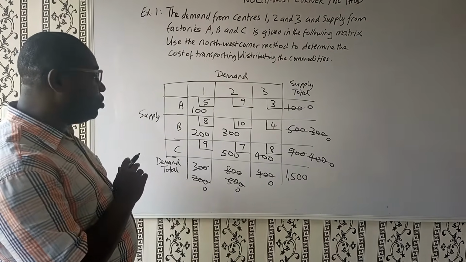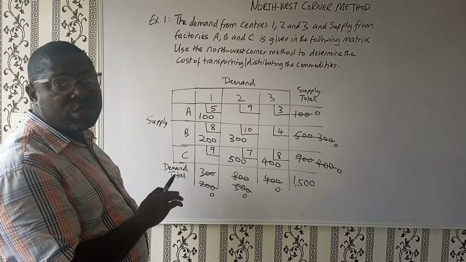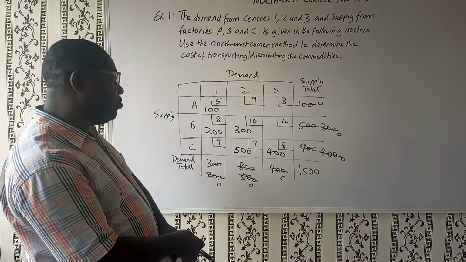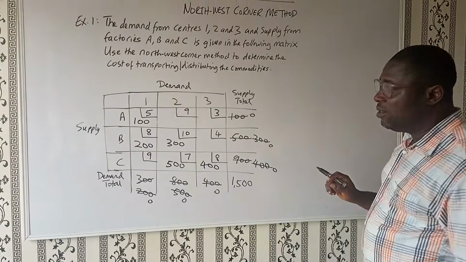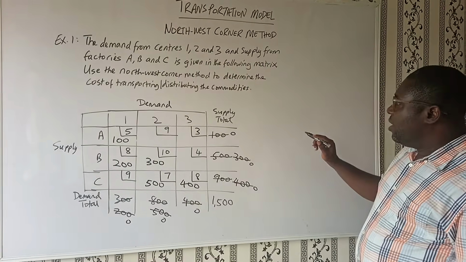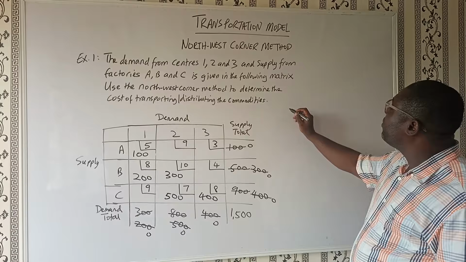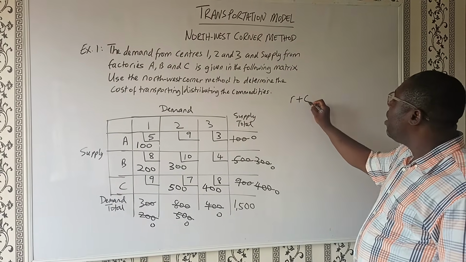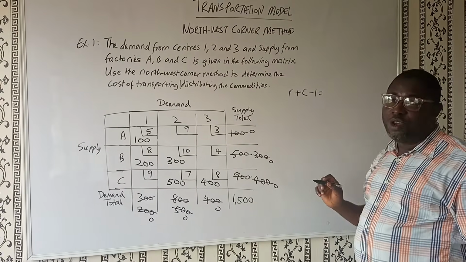What we're now going to do is check for the transportation costs using this method. And for us to know that what we have done is right, there's an optimal model that we need to check. For us to know the number of cells that we need to fill, we have to check that the number of rows plus the number of columns minus 1 will give us the optimum number.